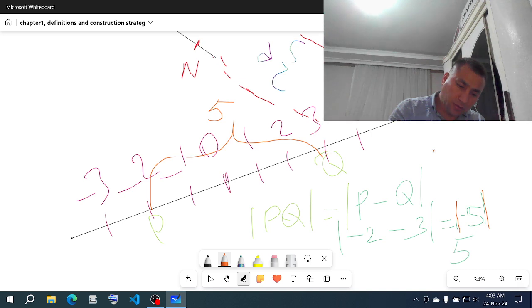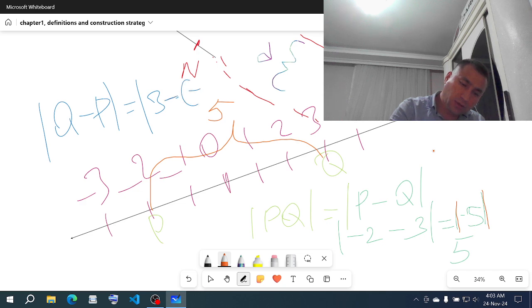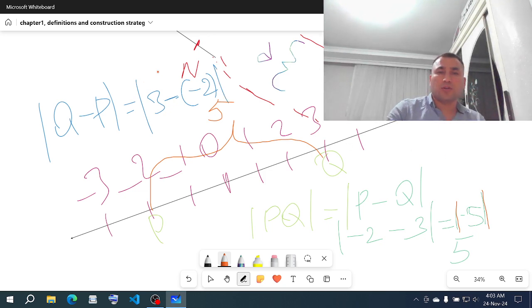So let's make it Q minus P. So Q is 3 minus, okay, and -2, that's P. So you see, 3 minus -2. So here we have 2 minus, and when minus meets minus, it becomes plus, okay? So 3 added to 2, we get the result 5 again, okay?